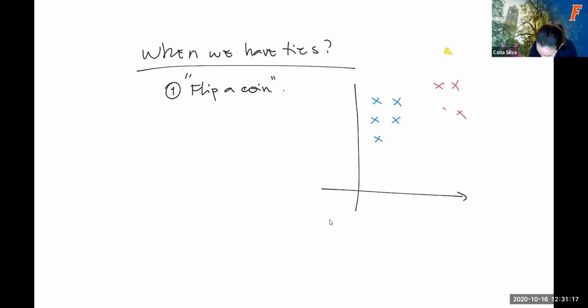Let me modify these red points to be more like here. And suppose that in this case, I'm using k neighbors of 4. Okay, and so I'm going to compute the 4 neighbors. So I have 1, 2. Maybe this one is closer and this one is closer. Okay, so we're going to have a tie in this case. All right, so there's 2 blue and 2 red. So one approach, again, is to flip a coin, choose it at random.